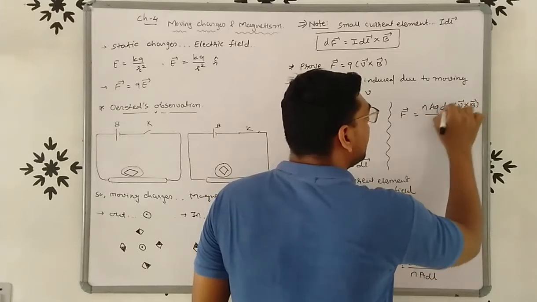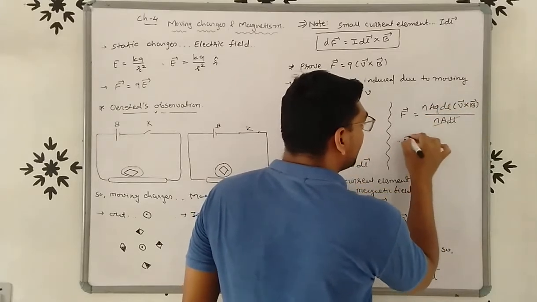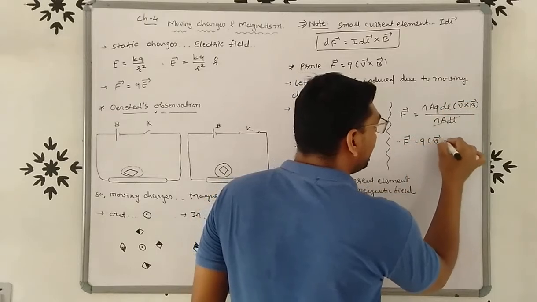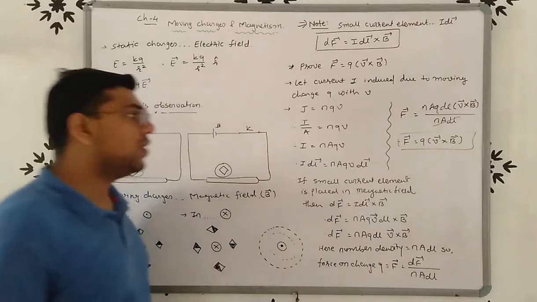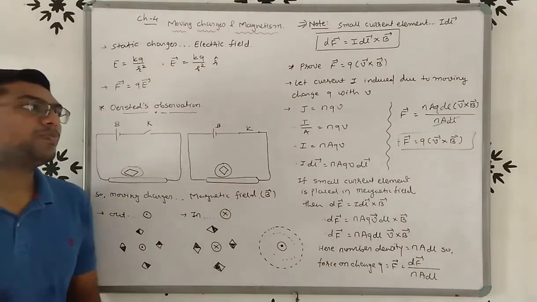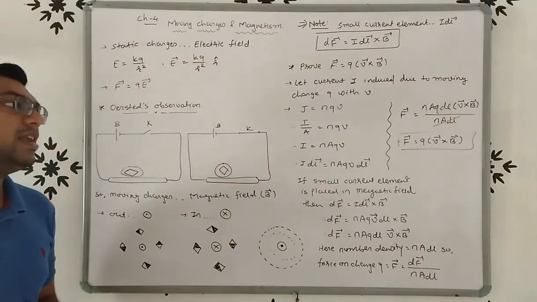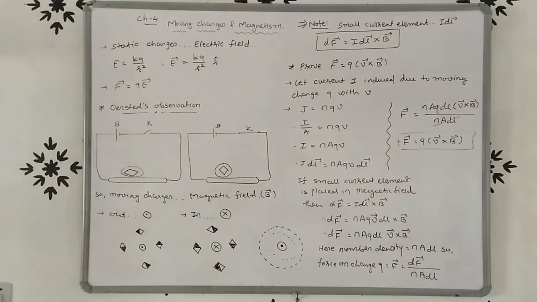Here A and dl cancel, so F is equal to Q into V cross B. So this is the force on charge Q in a magnetic field. Vector F is equal to Q into V cross B.